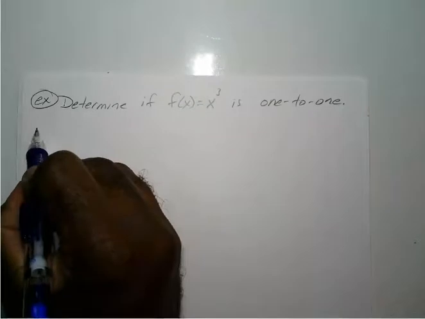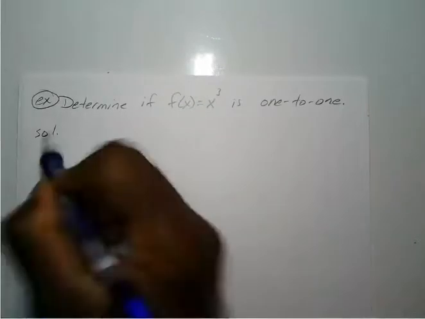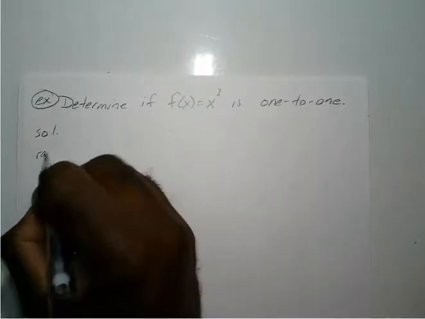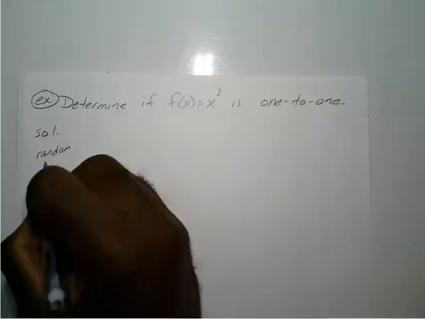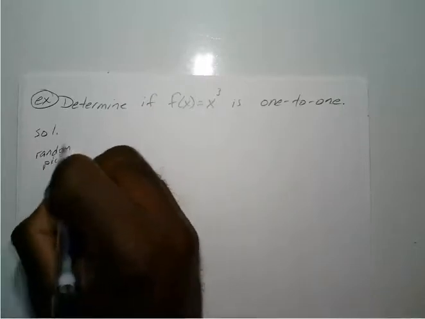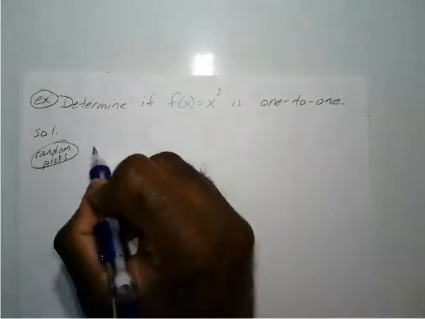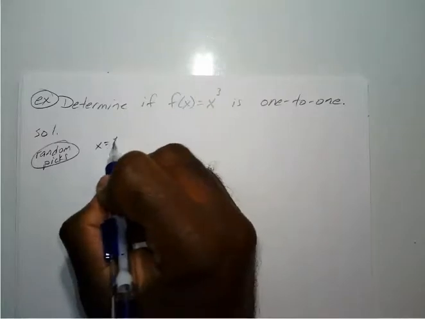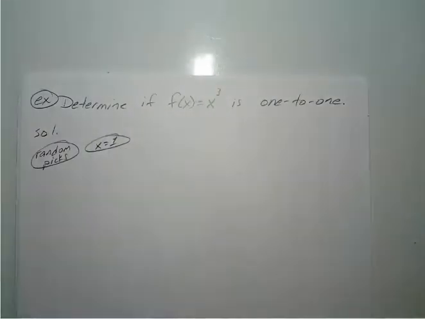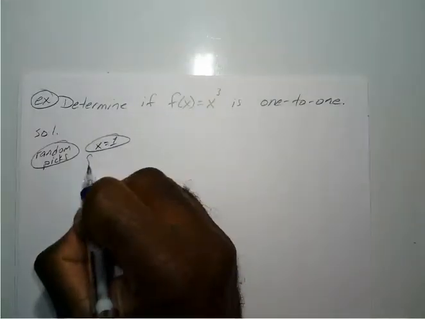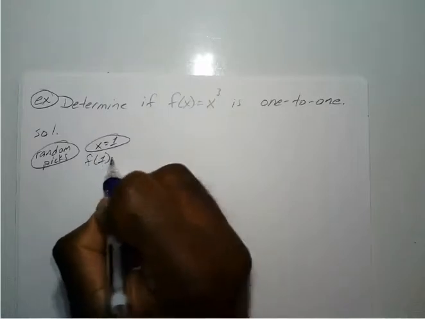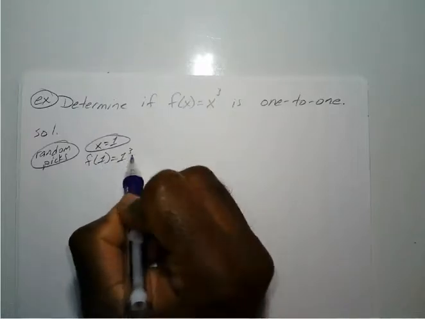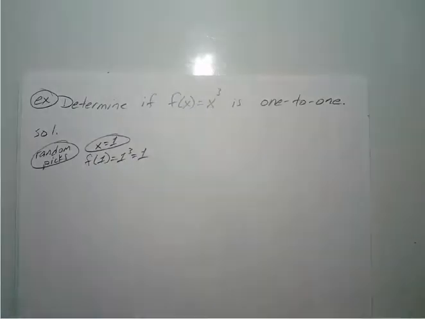All right, so again, we're just going to pick random values. Let's say we let x equal 1, so that means f of 1, which is 1 to the third power, is just 1.